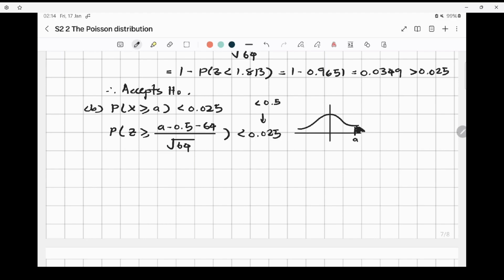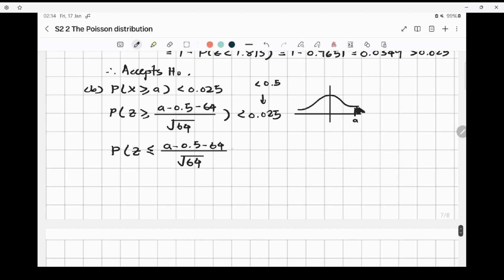So you change it back. So once you change it back, basically what you would have is this, 1 minus 0.025, which is 0.975.